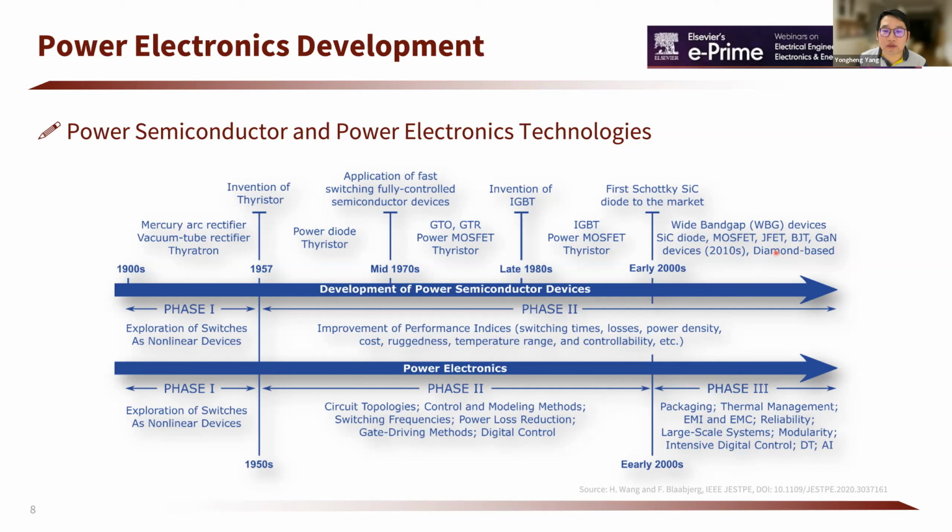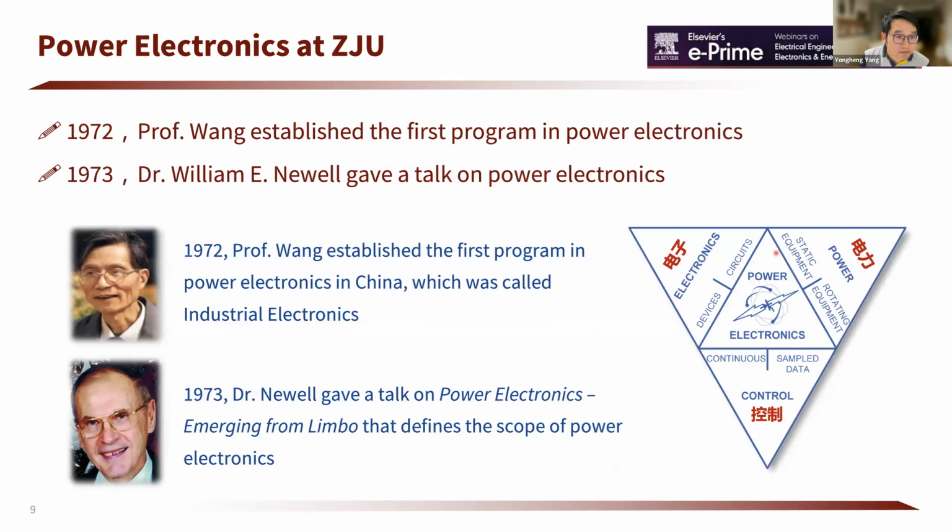But of course, this also depends on the design and control of the power converters, even if you are using wide bandgap devices. So that was the brief history of power electronics development seen from the global perspective.